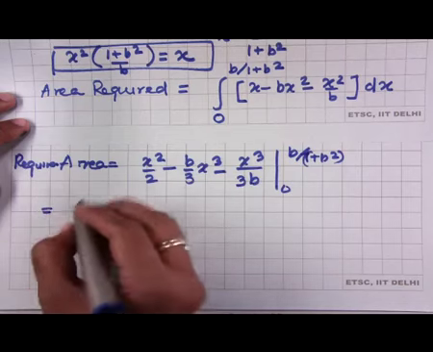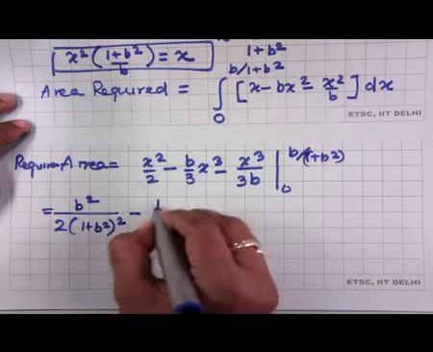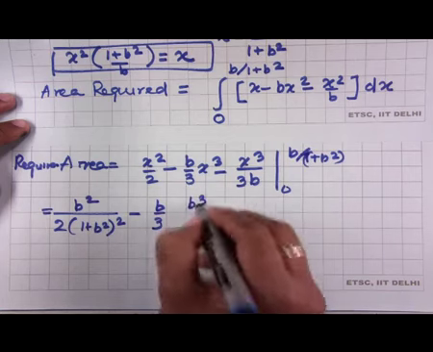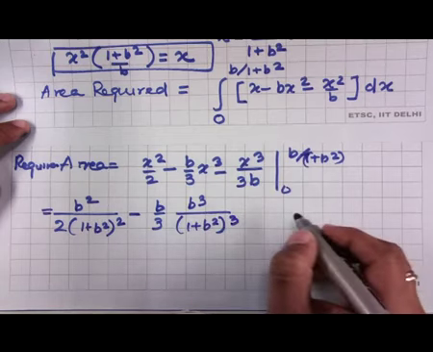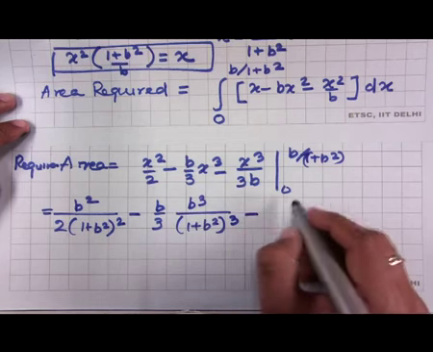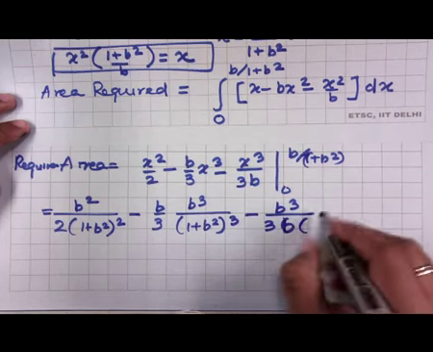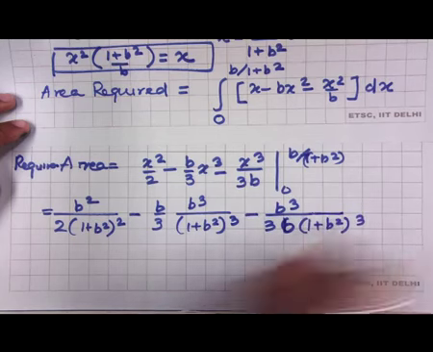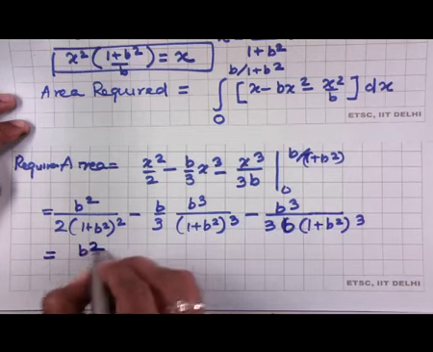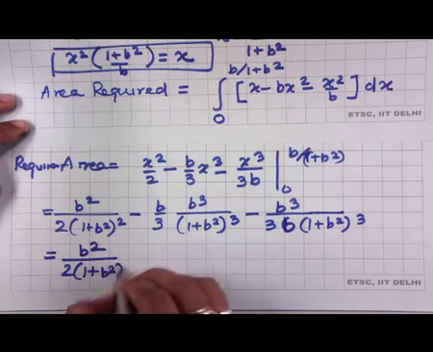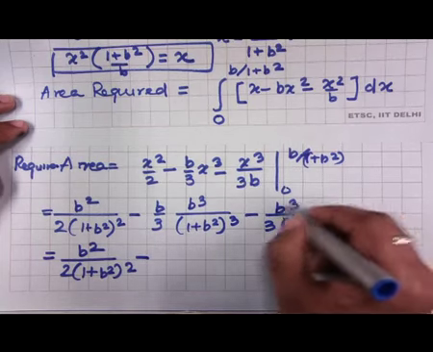This is equal to b square by 2 times 1 plus b square whole square, minus b cube by 3 times b over 1 plus b square whole cube, minus this is b square.